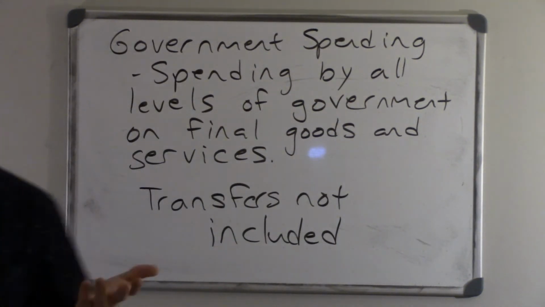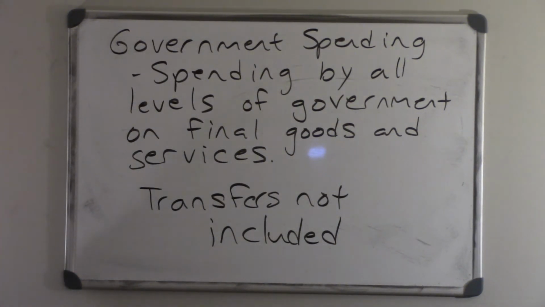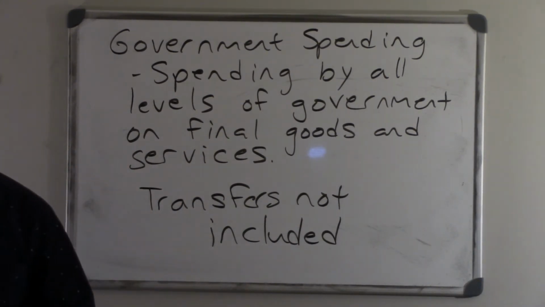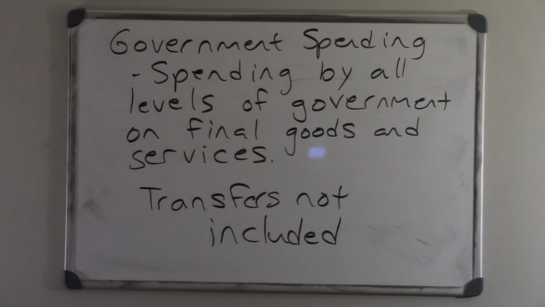The money that's paid out for Social Security is not counted in government spending. It's not counted in GDP, again, because that's just a transfer. In the case of Social Security, the government is transferring wealth from citizens who are working to citizens who are retired and have reached retirement age to collect their Social Security check. So those are not included.